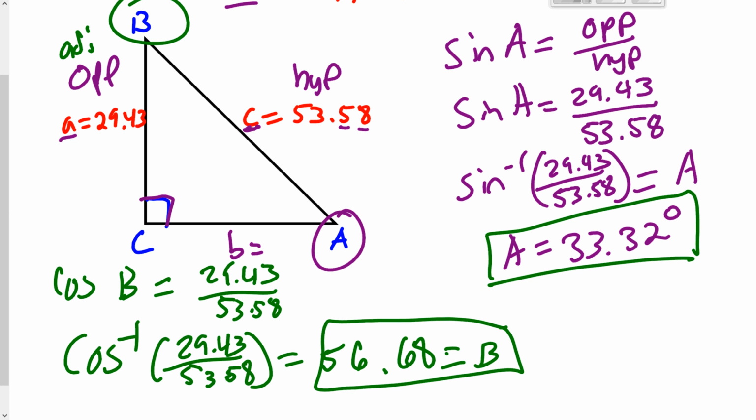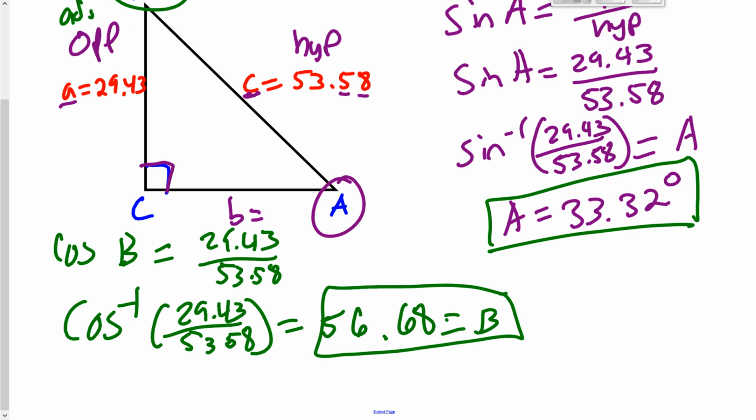If I asked you to do significant figures or round to the nearest hundredth, you may be off a little bit because of that rounding. That's why in the book it tells you to avoid rounding until the very end. So I would just stick with that. Don't round until the very end.